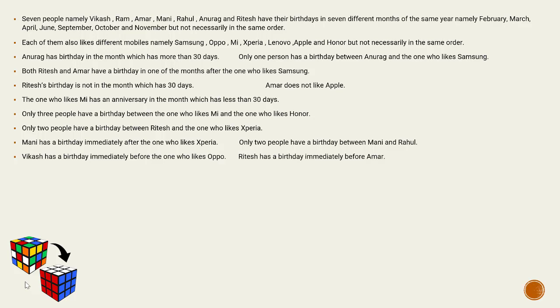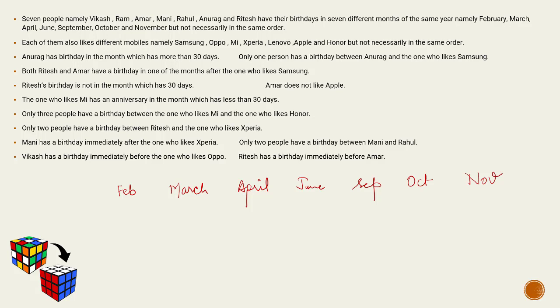So let's write months here. We have February, March, April, June, September, October and November. Since a lot of data has been given in terms of the number of days in a month, we'll also quickly write down how many days each month has.